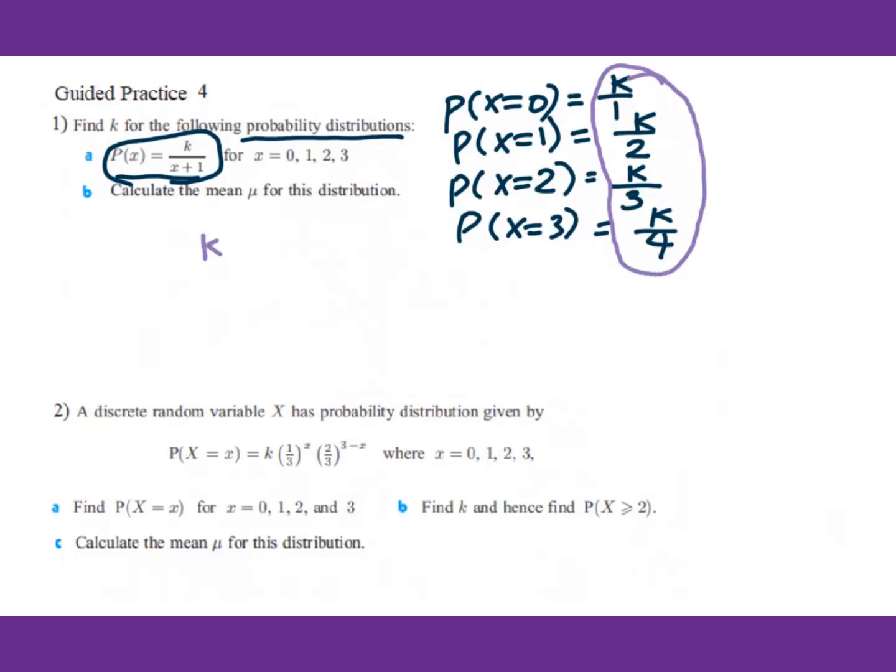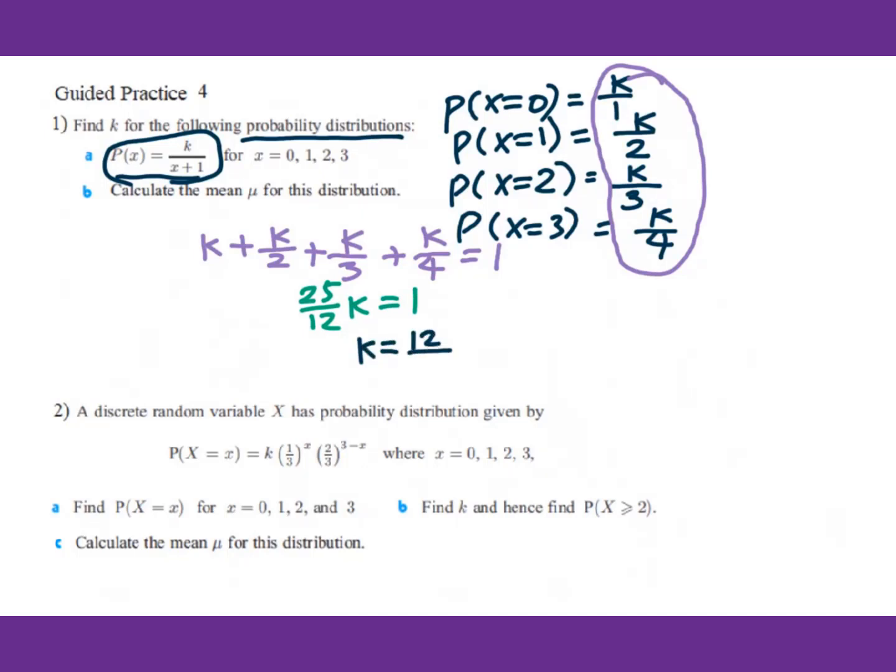In other words, I have k plus k over 2 plus k over 3 plus k over 4 equals 1. So we get 25 over 12k equals 1. And k equals 12 over 25.